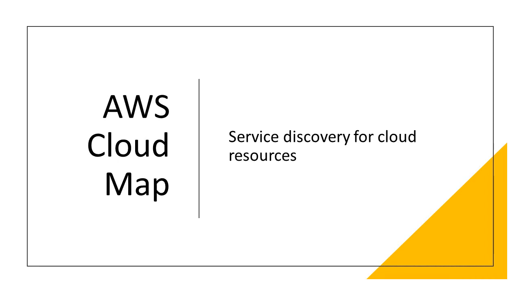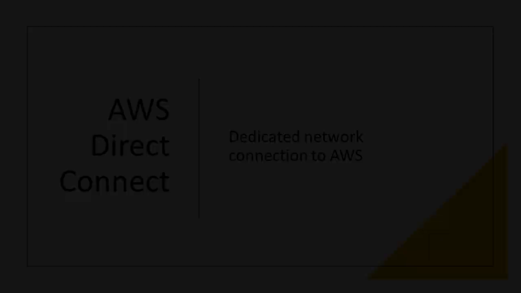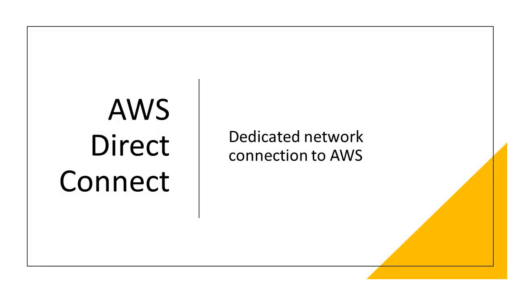AWS Cloud Map Service. AWS Cloud Map is a cloud resource discovery service. With Cloud Map, you can define custom names for your application resources, and it maintains the updated location of these dynamically changing resources. This increases your application availability, because your web service always discovers the most up-to-date locations of its resources. AWS Direct Connect Service.